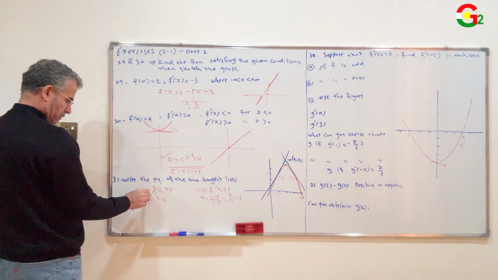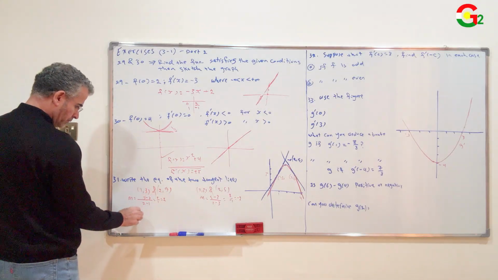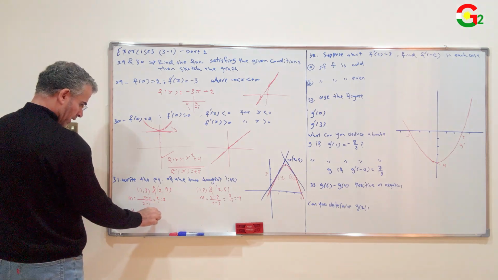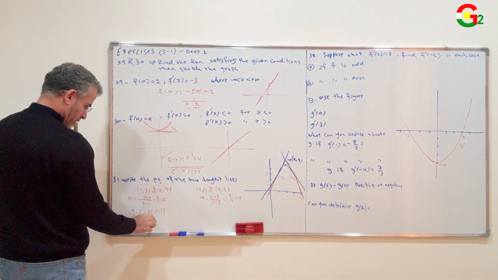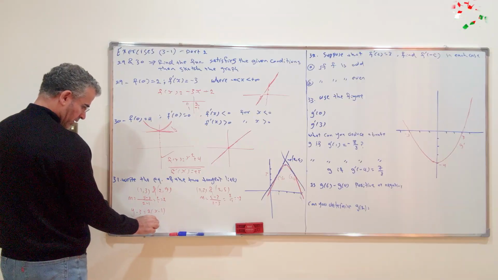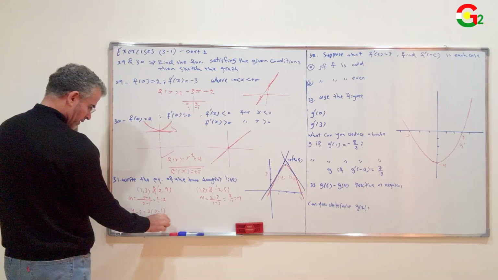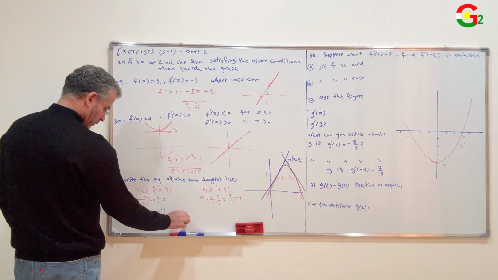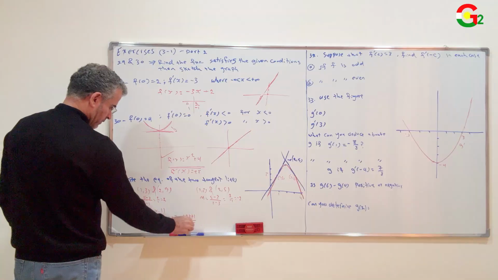Y minus y1, 3, equals the slope 2 times x minus x1, 1. Therefore the first equation is y equals 2x minus 2 plus 3, equal to 2x plus 1.